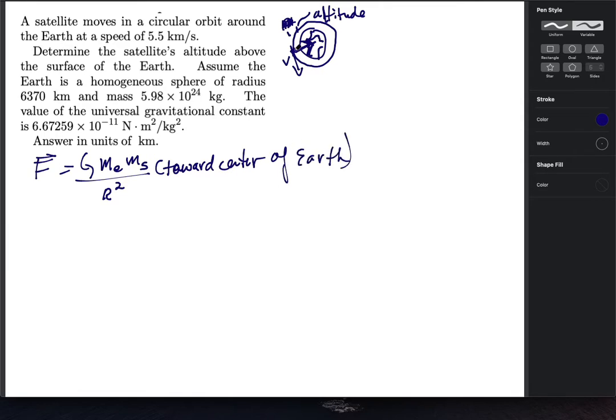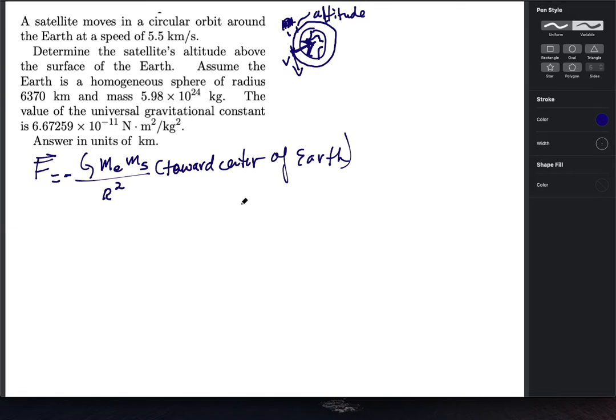So it does not matter where the satellite is in its orbit, which I've drawn here. Anywhere it is, this is the force between the two. One of the ways we could indicate that it's toward the center of the Earth, if we want to be very specific, is to just say negative, because you know it's going down. So that's a shorthand for the vector part of always towards the center of the Earth.